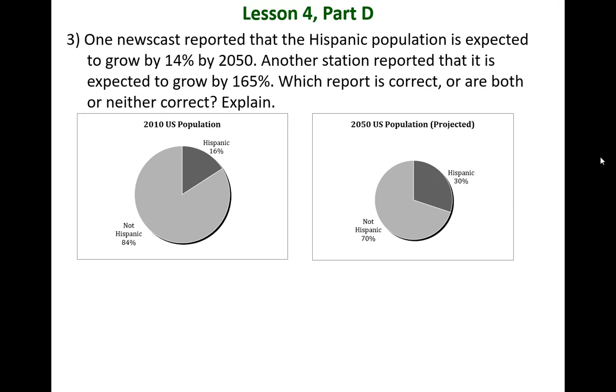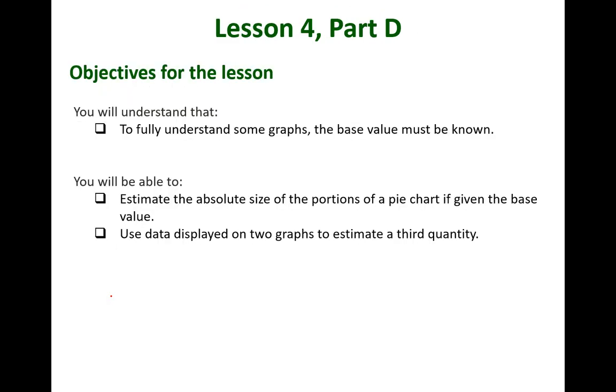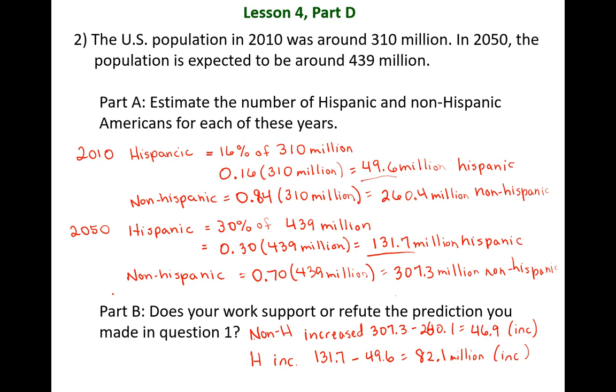Well, let's see. Let's go back and get our numbers. We need to know the actual numbers for 2010 and the number for 2050, that prediction. We just found that. In 2010, there were 49.6. We're expecting that to increase to 131.7. So 49.6 and 131.7.